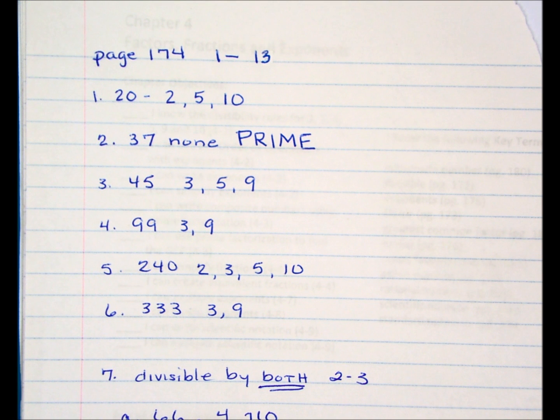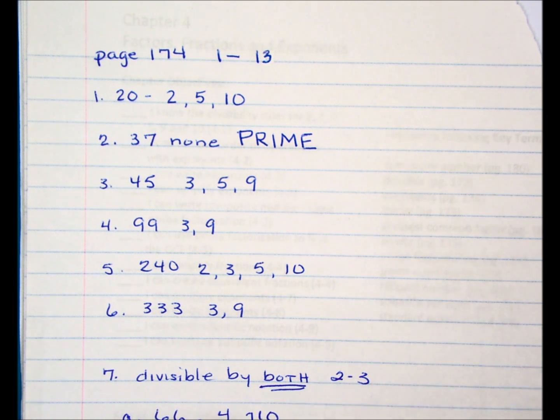And it ends in a 5, so it's also divisible by 5. 99, 9 and 9 is 18, both divisible by 3 and 9, so we know that works. 240 is divisible by 2 and 5 and 10 because it ends in a 0, and it's divisible by 3 because 2 plus 4 is 6 plus 0 is 6, and 6 is divisible by 3. And 333 is divisible by 3 and 9 because 3 plus 3 is 6 plus 3 is 9, and 9 is divisible by 3 and 9.